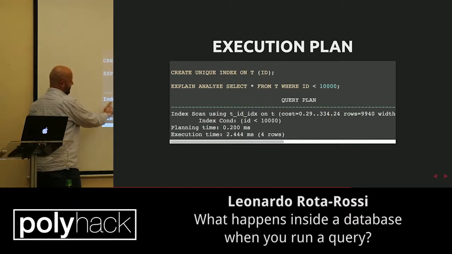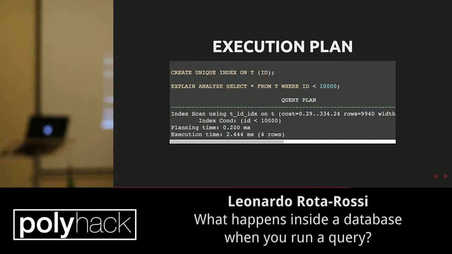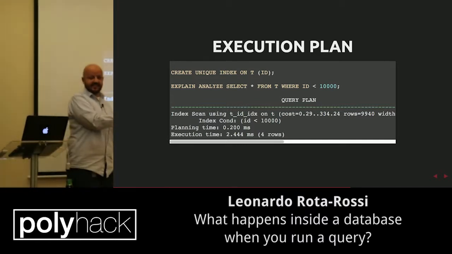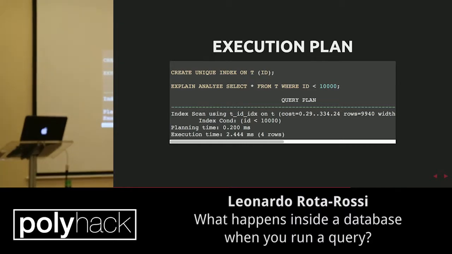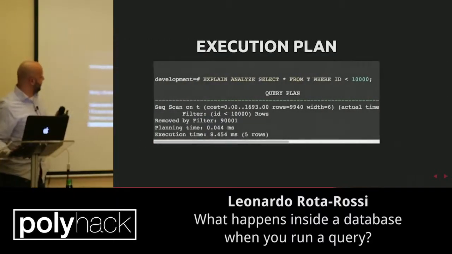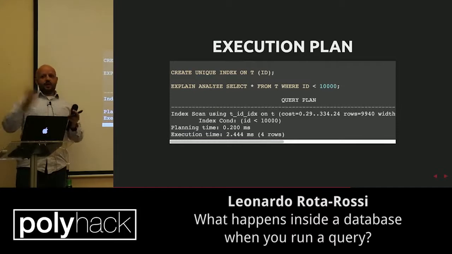Now I have an index scan using this index, and the initial cost was .29 because it had to access this index, and the final cost was 300 compared with 1600. So it was a lower cost.